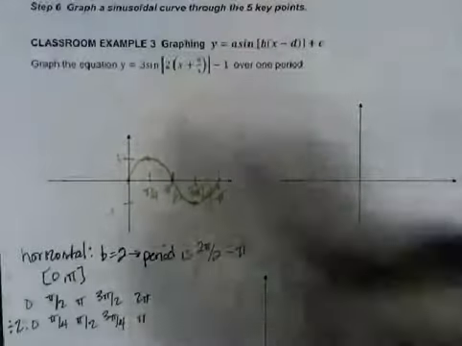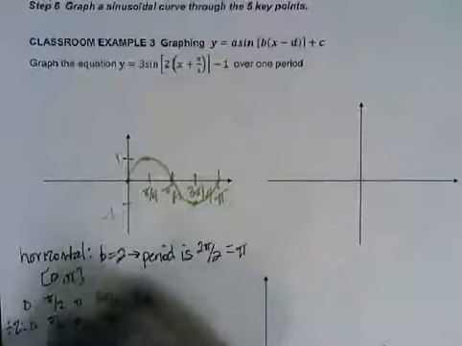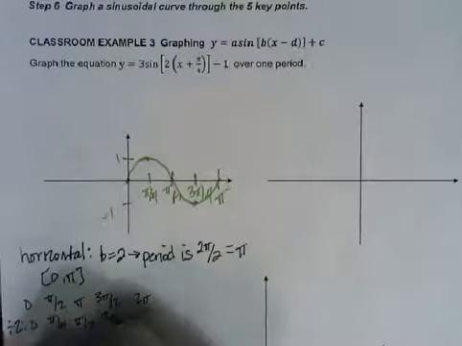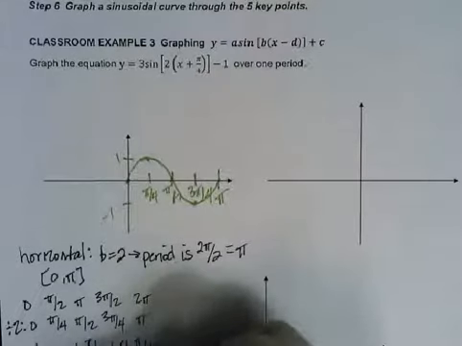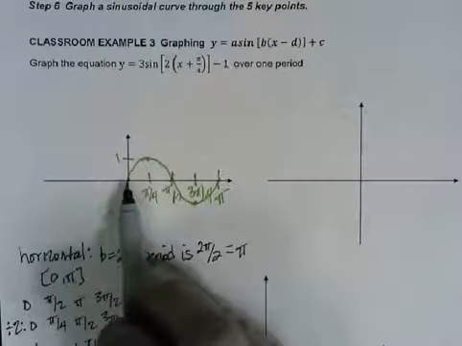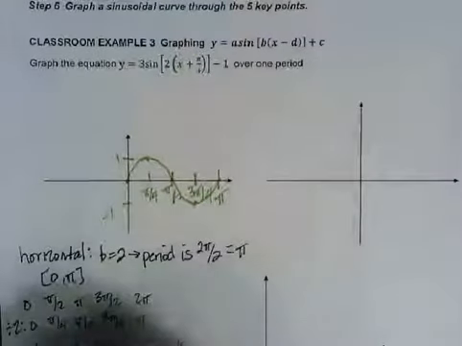Next, I'm going to look at the phase shift because this has a plus pi over 4. That means our phase shift is going to go to the left by pi over 4 units. To get that to happen on my graph, I want to take each of these values and subtract pi over 4.